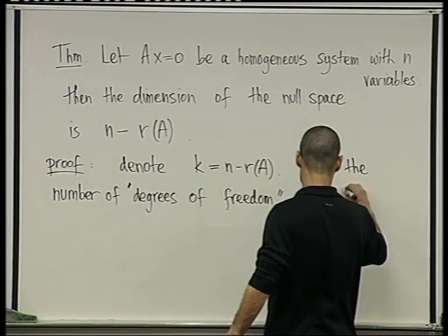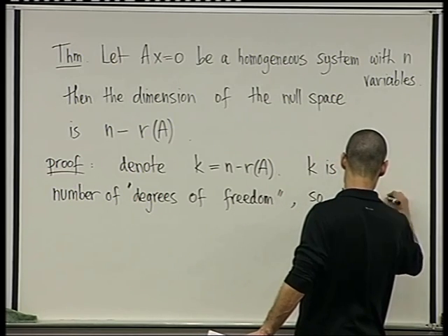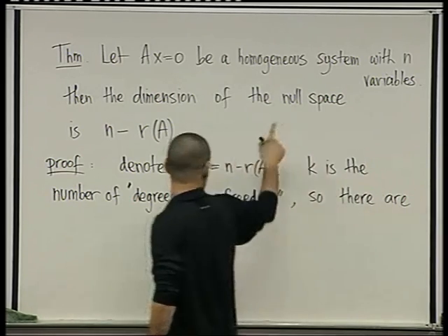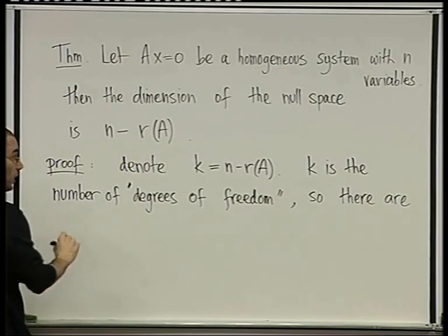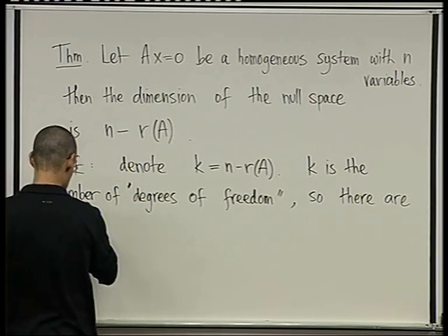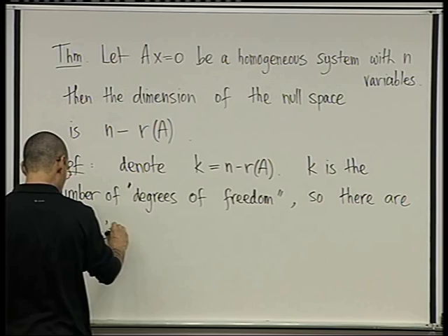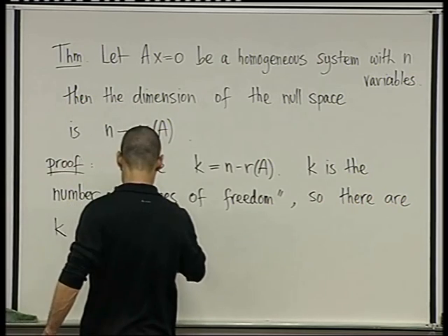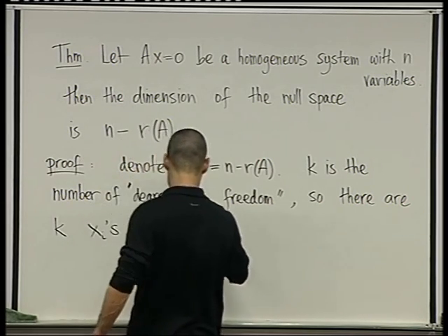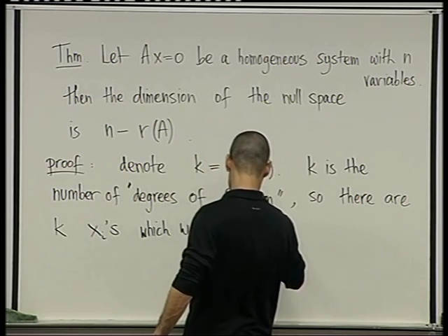And so there are k of the n variables, of the unknowns. So there are k xi's which we can choose.